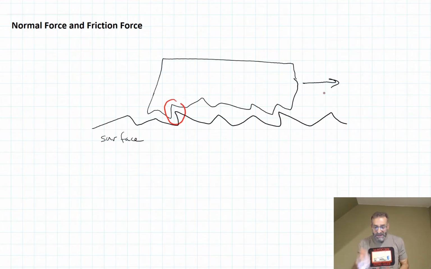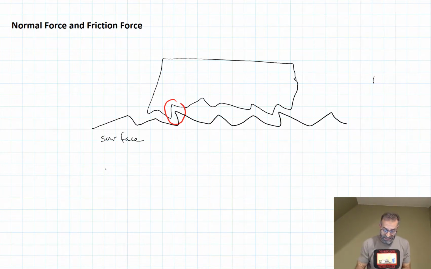If we pull with a small force, we pull with 1 Newton, this will push back with the force of 1 Newton right there where that interaction is in the red circle. If I pull with a force of 2 Newtons, this will push back with 2 Newtons because it's a normal force. It can react. It'll get bigger and bigger. And this box won't move. We call that static friction.